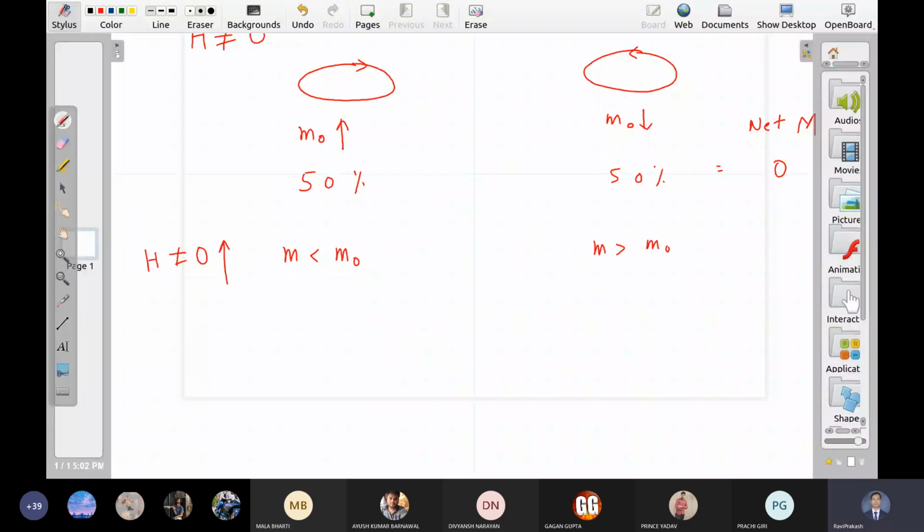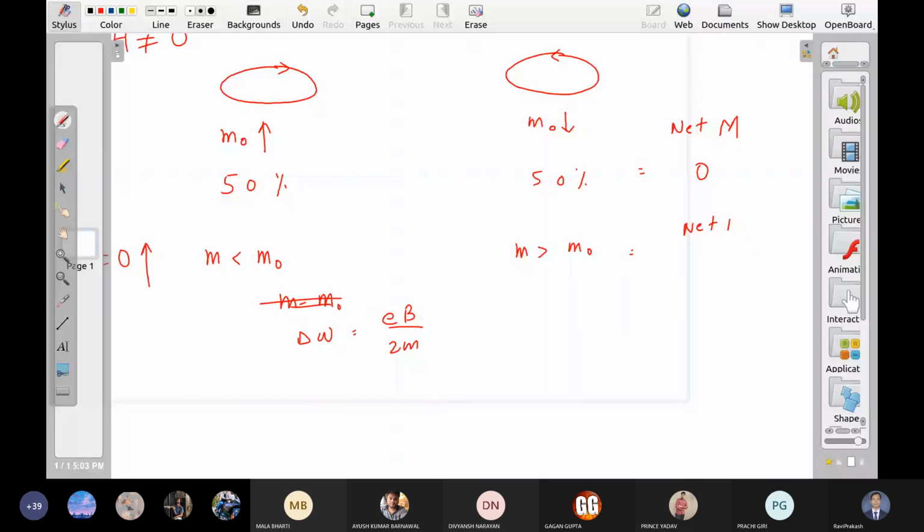How much is the difference? Omega, the change in frequency, is this much, and from there you can calculate the change in magnetic moment. So now net magnetization is not 0, and it is opposite to the applied field.